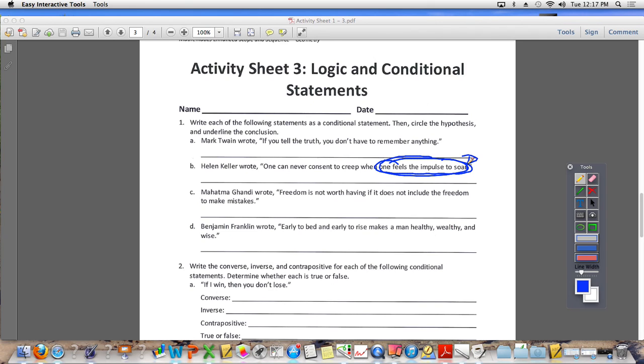So when you do a rewrite of this, it is going to have to say, if one feels the impulse to soar, then what?